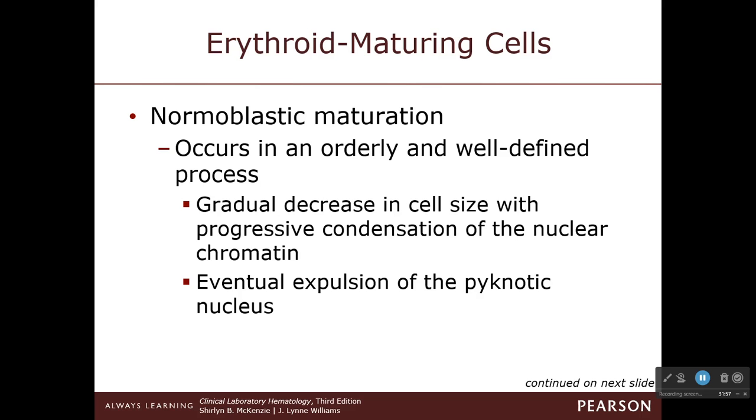The older it gets, the more condensed it gets, and it starts getting darker and ridges in it. Matter of fact, the rubricyte nucleus looks like a brain, with ridges and valleys in it that you can see very distinctly.